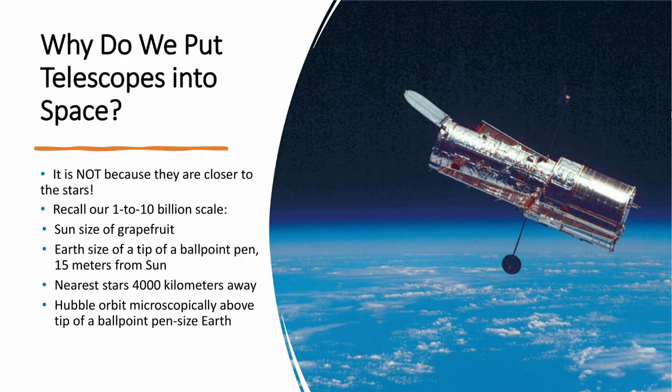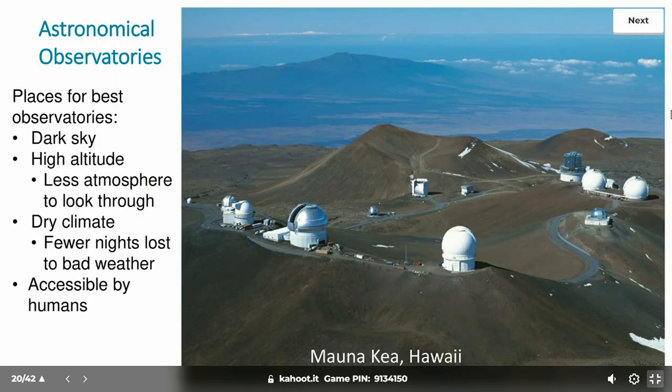So putting a telescope into space is like microscopically getting closer to those nearby stars. So we're not doing it because we get closer to the stars. We're doing it for a few different reasons.